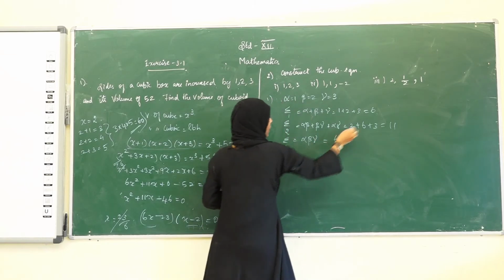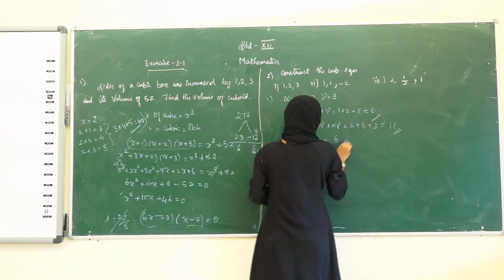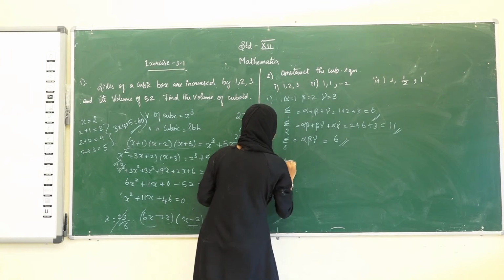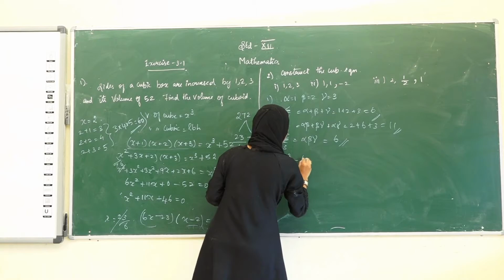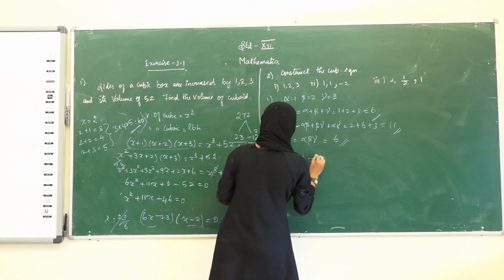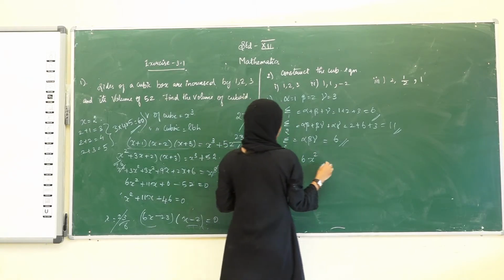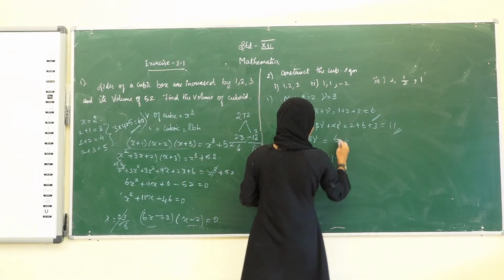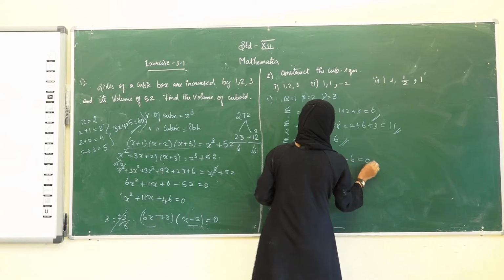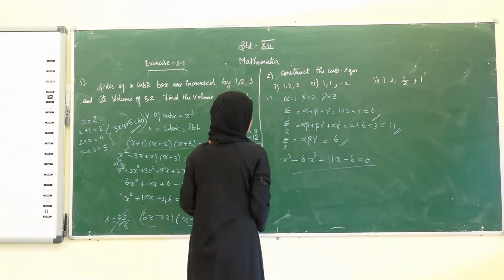With these 3 we can write the cubic equation, right? The cubic equation is x cube minus 6x square, again it is plus, that is 11x, and then minus 6 is equal to 0. This is the required cubic equation.